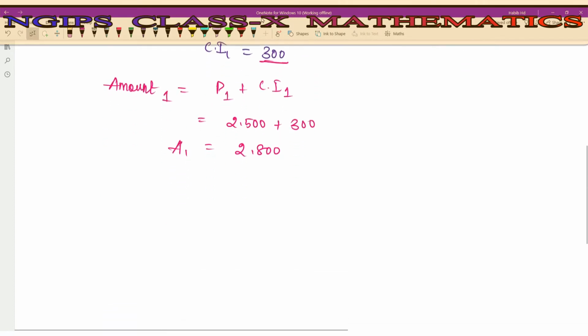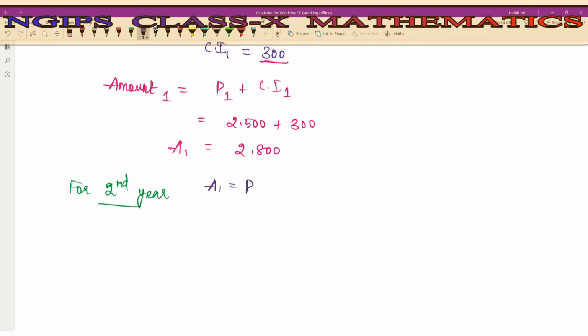So here for the second year, the principal is nothing but the first year amount. The first year amount is going to be carried for the second year principal. So 2800, and we have a rate of 12%, and the time period is for 1 year.